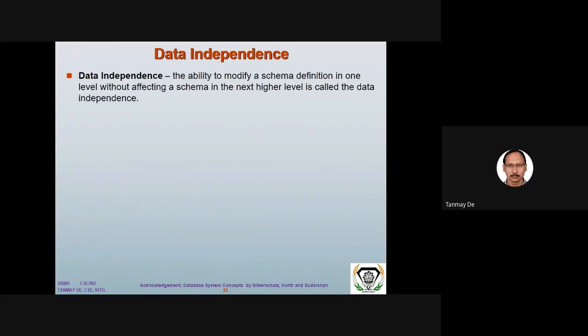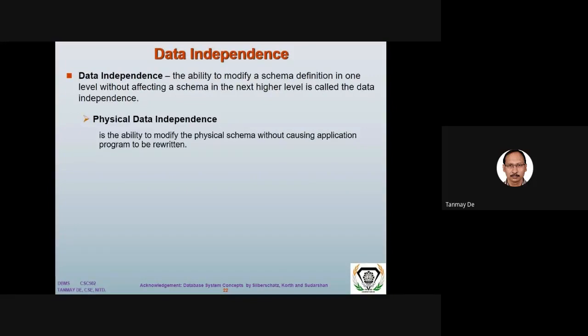Okay, there are of course two types of data independence: physical data independence and logical data independence. Physical data independence is the ability or capability to modify the physical schema or physical structure without requiring the application programs to be rewritten. This is not possible in the case of a conventional file system and application program, whatever I told in my yesterday's class.